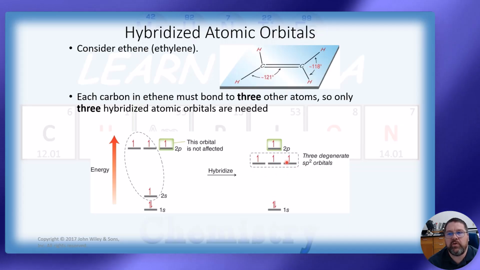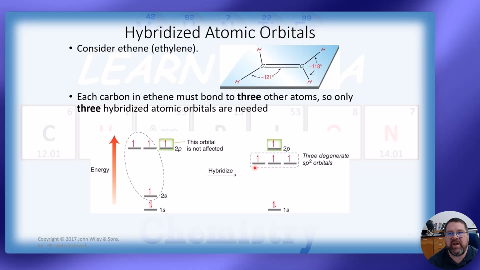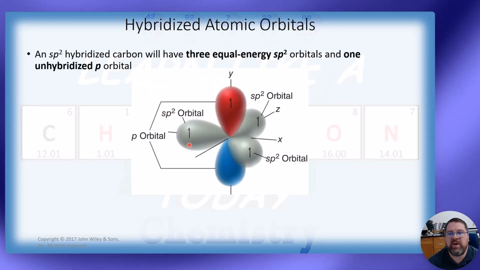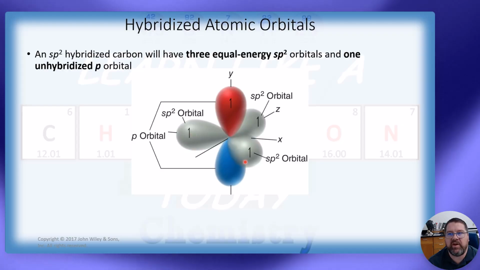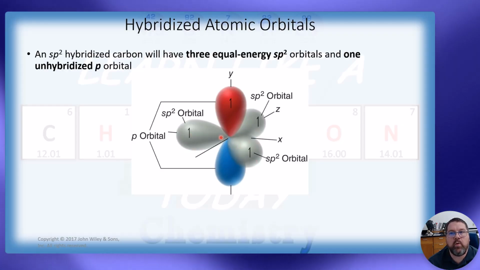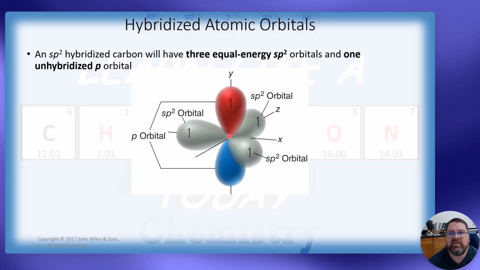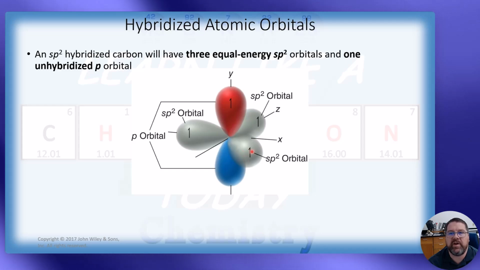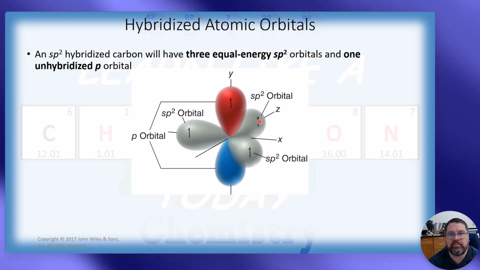So your sp2 hybrid orbitals are going to arrange themselves in such a manner that they are equally spaced, so they take on a trigonal planar type arrangement, and that p orbital that was left unhybridized is going to be perpendicular to the plane of those three sp2 hybrid orbitals.